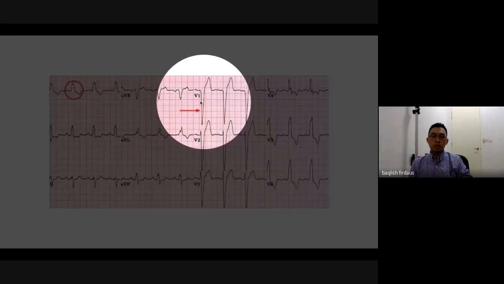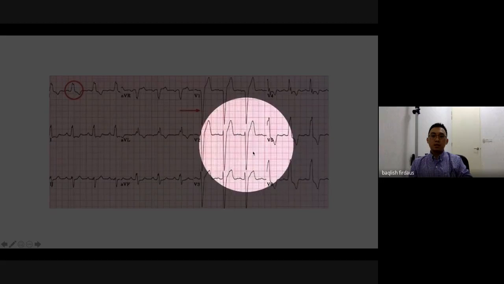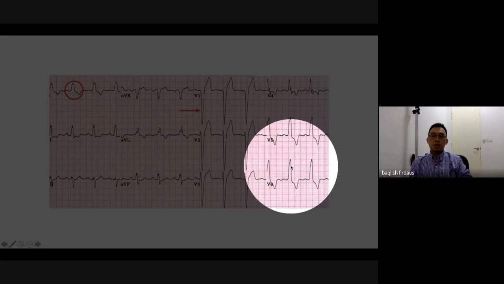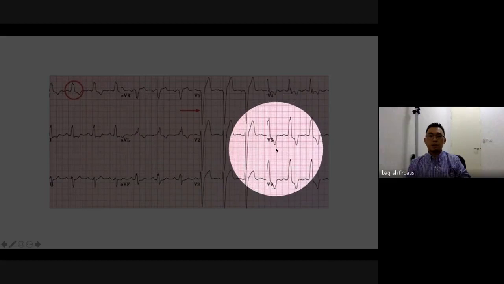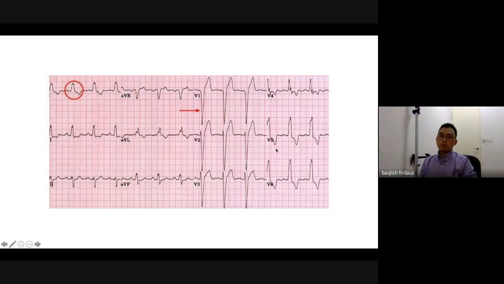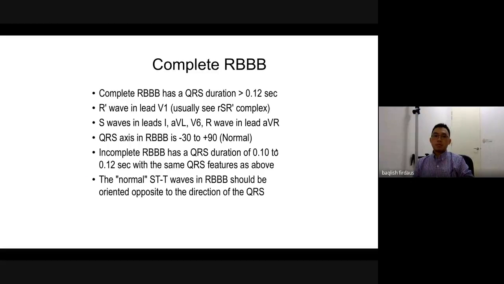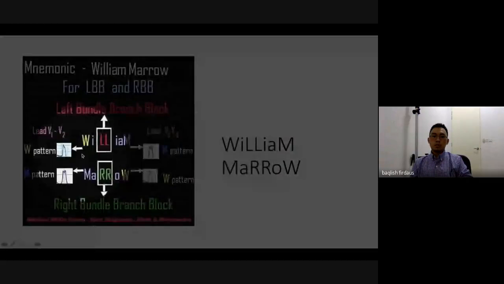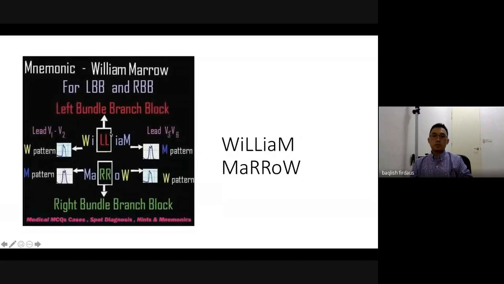William, W shape in lead V1 and M shape in V5 and V6, you must remember left bundle branch block. It is actually very easy.